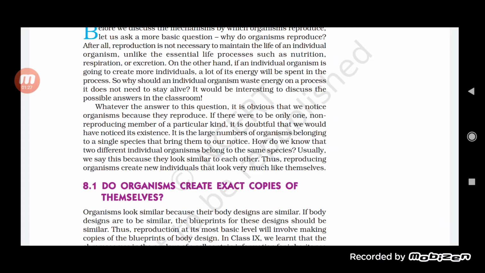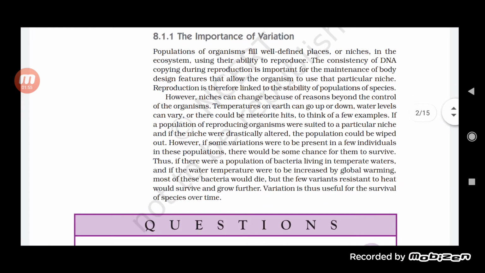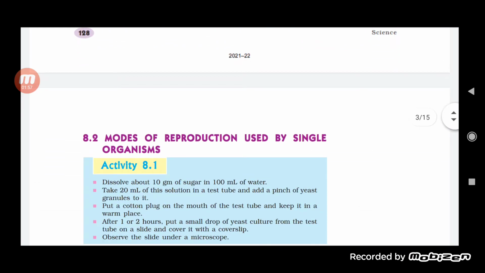Similarly, a very important system is the reproductive system also, because that ensures the continuity of the generation or continuity of the species. So for the continuity of the species, the reproduction process is really important. Till now we have studied the importance of variation.